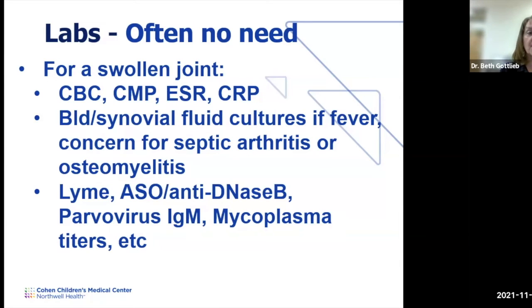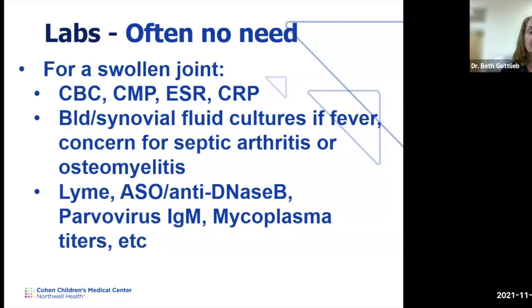And inflammatory markers, sedimentation rate, and C-reactive protein. If there is fever, that's when you consider doing a blood culture. Rarely in pediatrics is there ever a need to tap a joint for culture. The only time is in the event of septic arthritis.